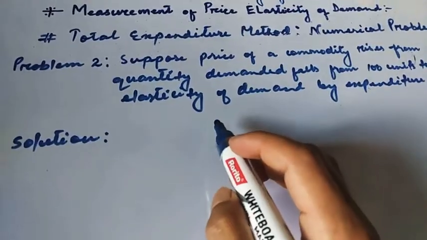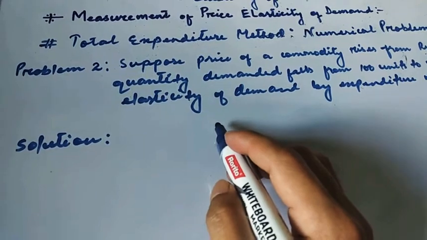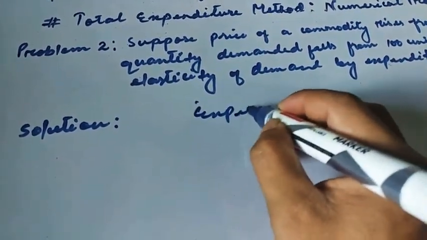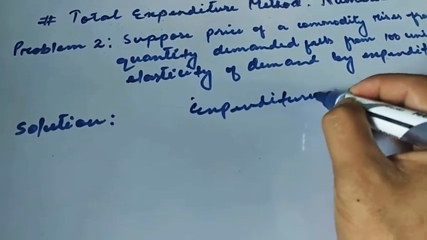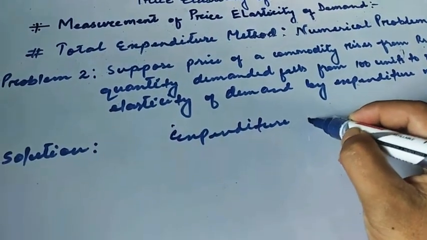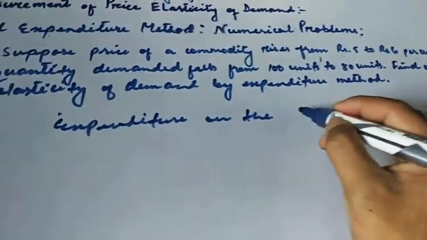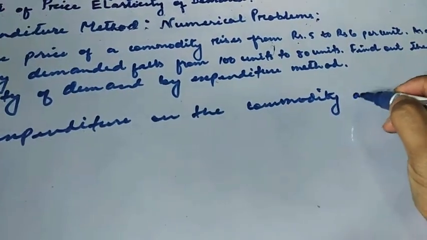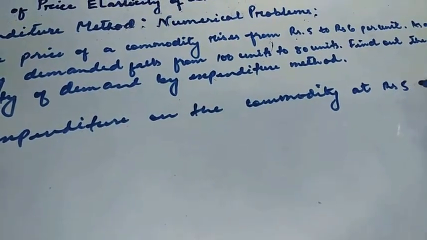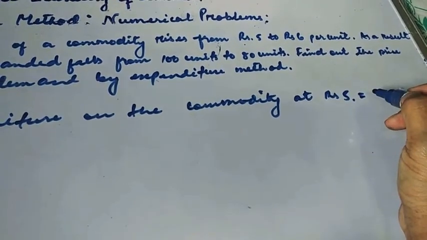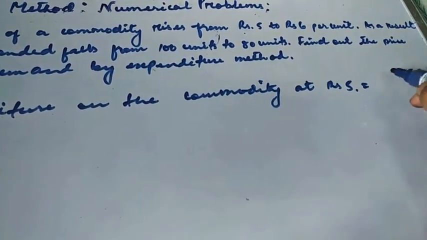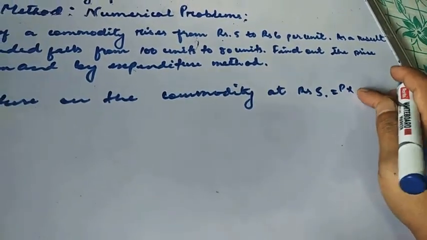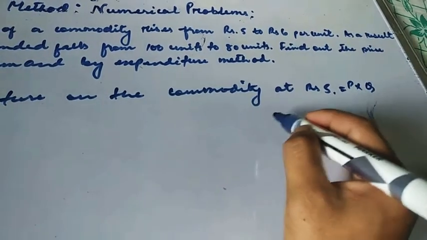So solution: total expenditure on the commodity at rupees 5 equals P into Q, price into quantity.